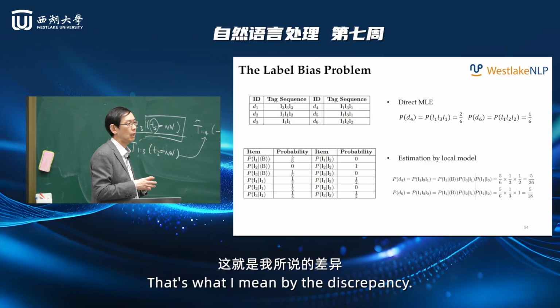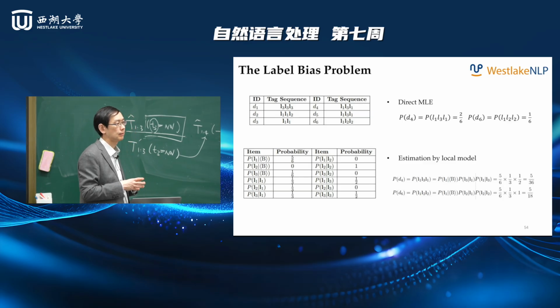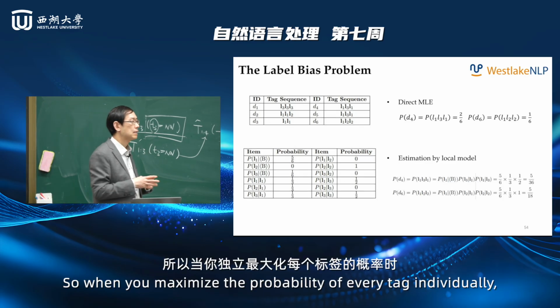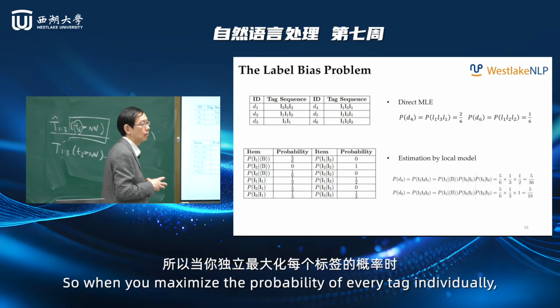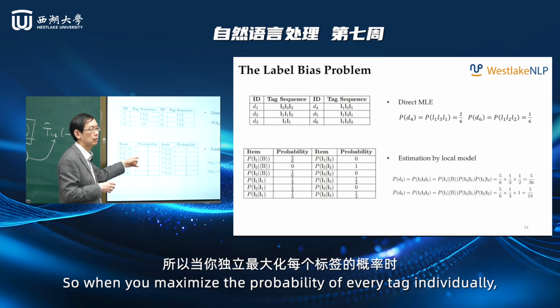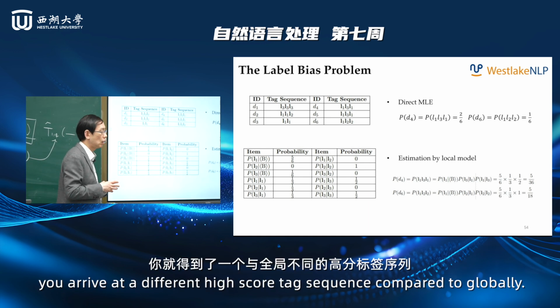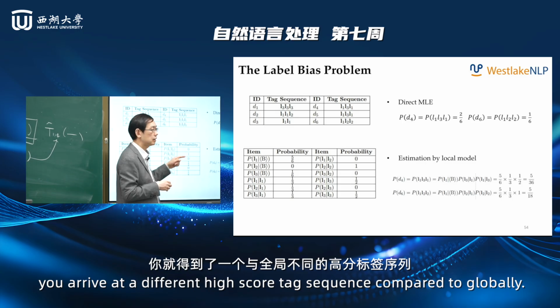That's what I mean by the discrepancy. So when you maximize the probability of every tag individually, you arrive at a different high-scored tag sequence compared to globally.